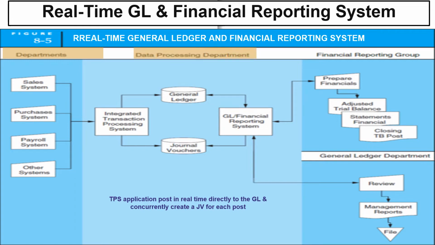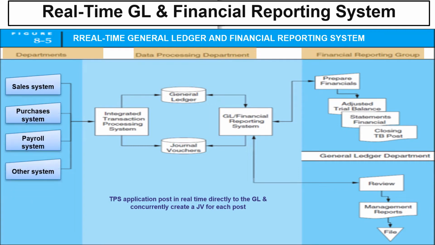And then we have the data processing department, which we can call the IT department. And then we have the financial reporting group, either one person or a department. And then we have the general ledger department here.